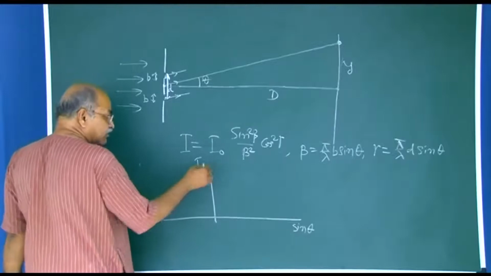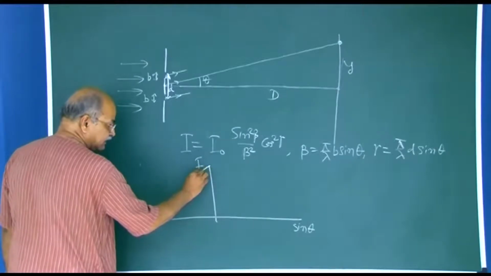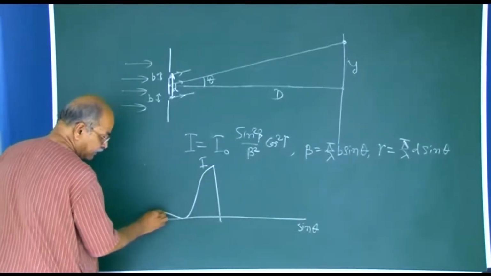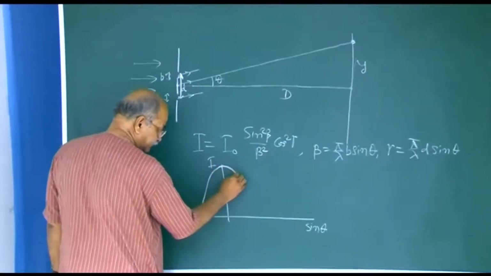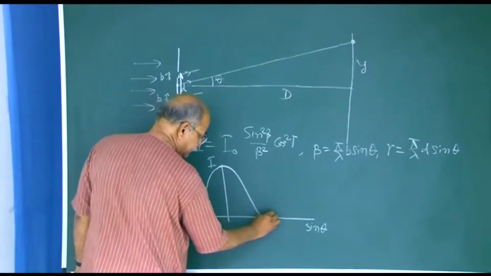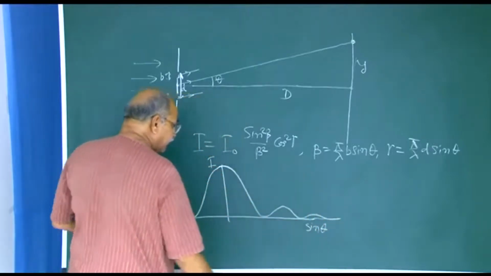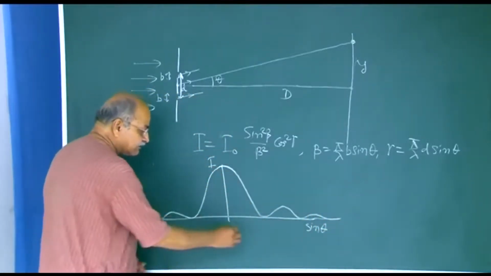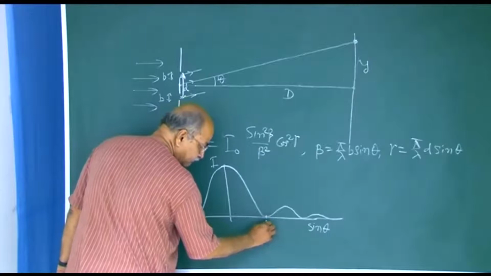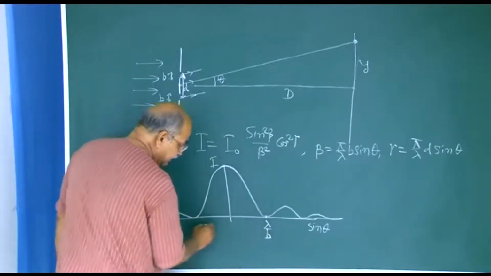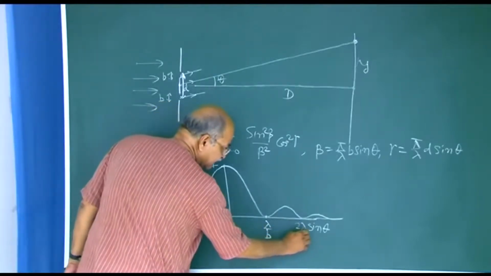First you draw the diffraction pattern, and you know what kind of pattern it is, something like this. And this is governed by lambda by b, minus lambda by b, and so on, 2 lambda by b, and so on.